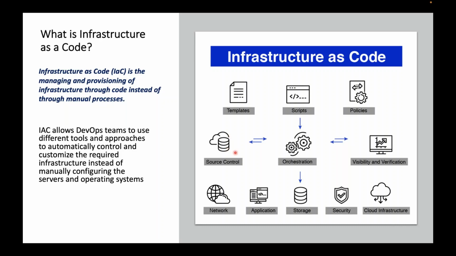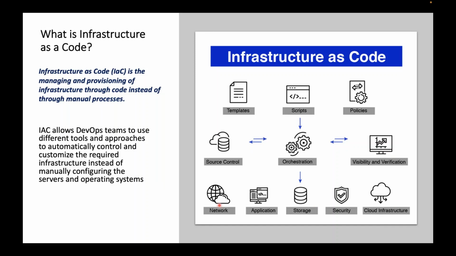From there the code will be pulled. The orchestration is orchestrating all these things. This will be the Terraform backend. It will do the validation and verification of the code, and once we execute the Terraform code, it will create the resources on the end platform, whether it may be AWS or Azure or GCP.